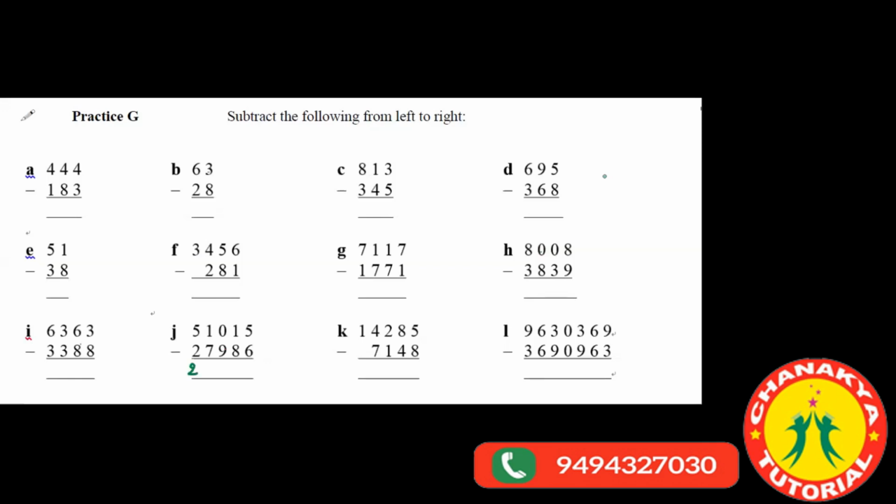Then complement of 7 is 3. 3 plus 1 is 4. But the next one is mismatch, so we write it as 3. Good. Then complement of 9 is 1.